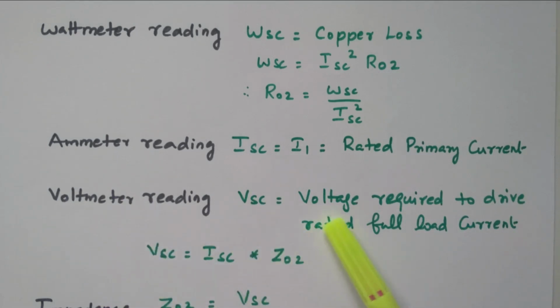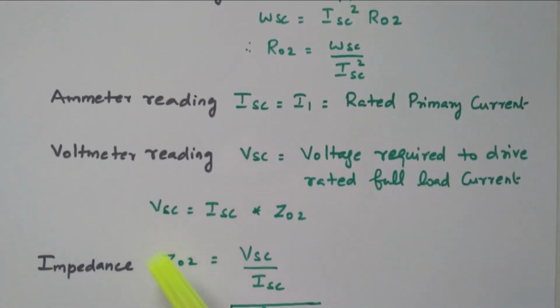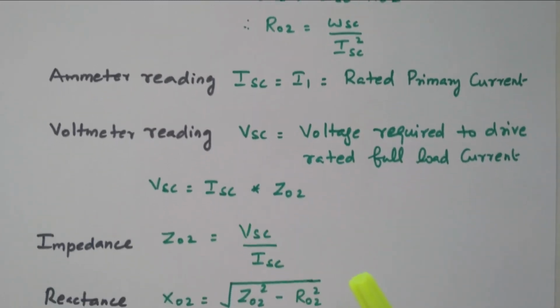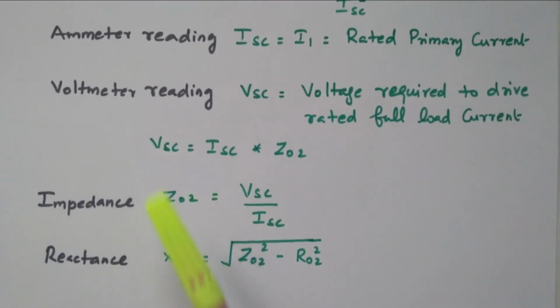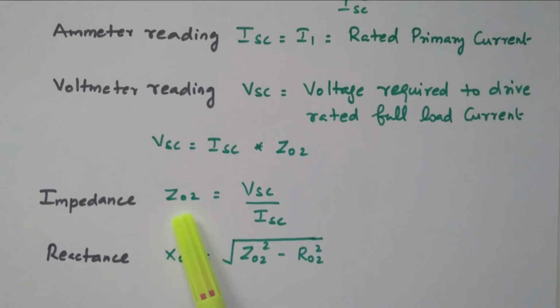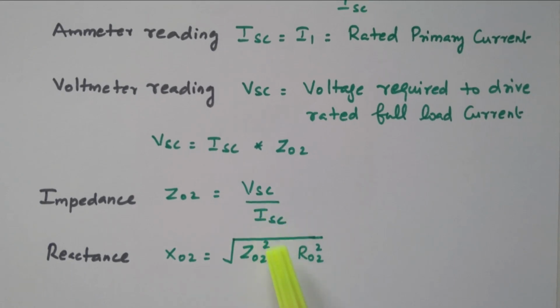Voltmeter reading is nothing but the voltage required to drive the rated full load current. What is the voltage while applying the full load current? It is VSC. So VSC equals ISC into Z02. The short circuit voltage equals the short circuit current into Z02, the impedance of the transformer. From that, Z02 equals VSC by ISC.